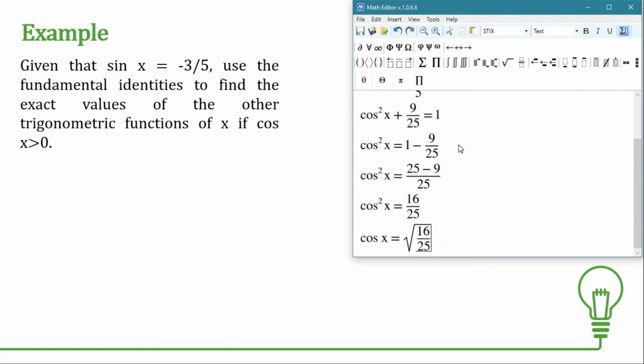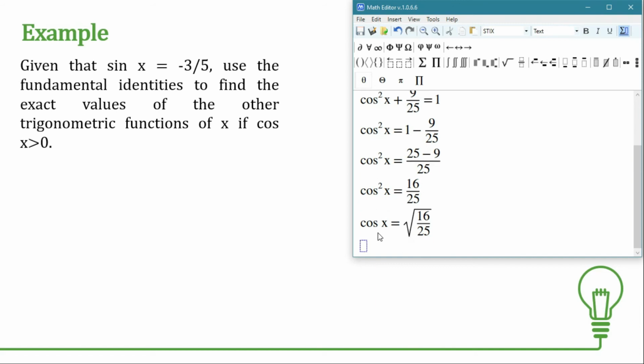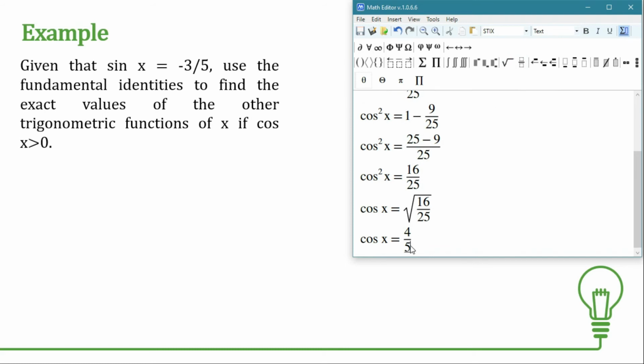Now, if we are extracting roots, remember that we are extracting both positive and negative. But since on our problem, it says here that the cosine x must be greater than 0, then what we're going to do is just to extract the positive root. So, meaning to say, the cosine of x must be equivalent to 4 over 5. Okay? So, that makes our cosine function 4 over 5.